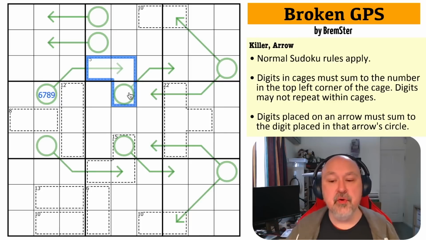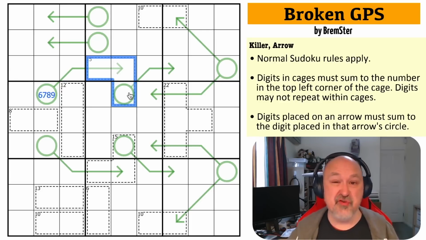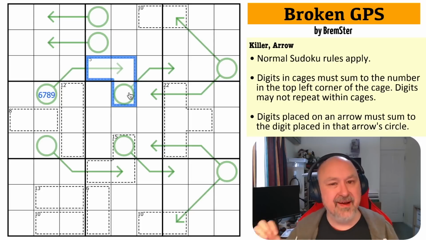But you cannot put 2 low digits into a 15 cage, because if you do, the biggest you could do is 2, 3 for 5, and the other digit would have to be a 10. You cannot put 2 high digits into a 15 cage, because the lowest you could do is 7, 8, which is already 15, and the other digit would have to be 0. So you either have 3 middle digits or a low, a middle, and a high digit. That's just the way it works.